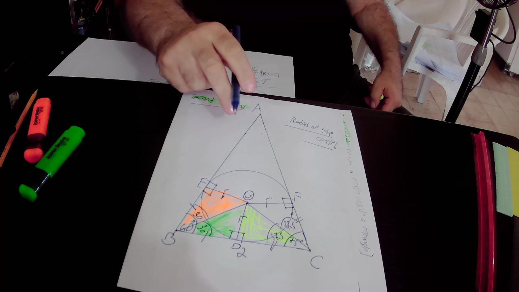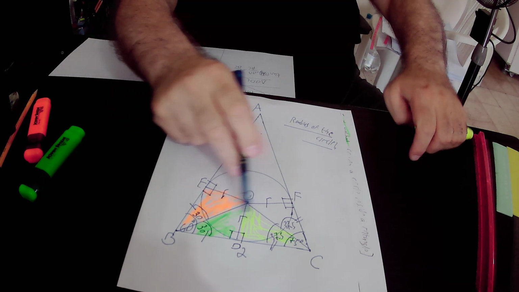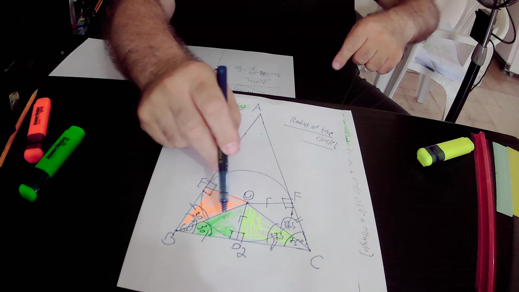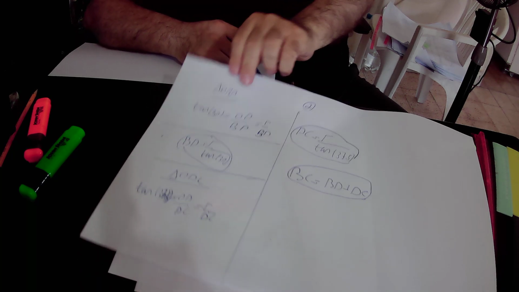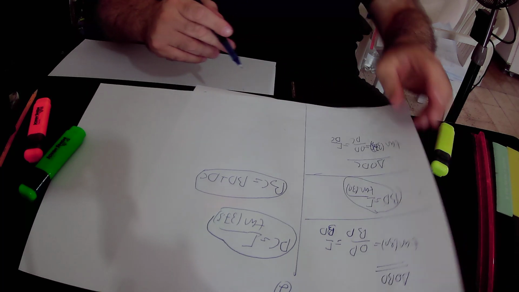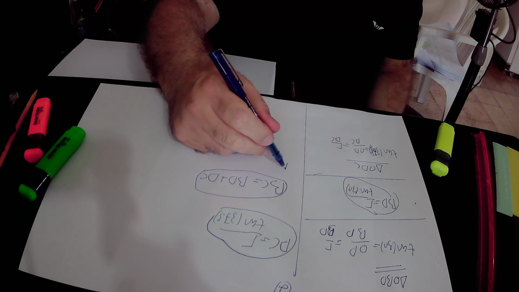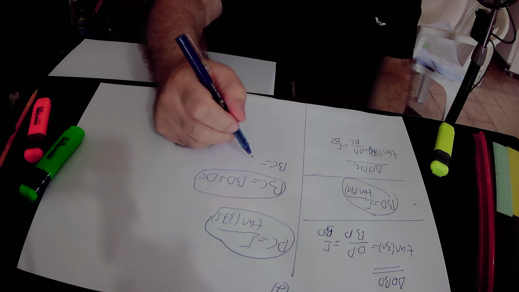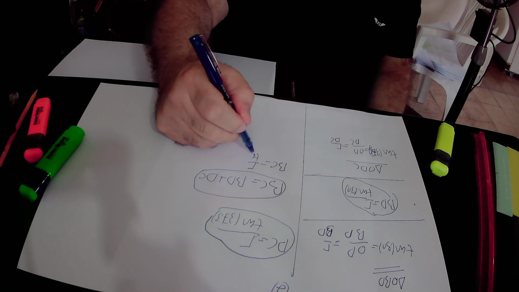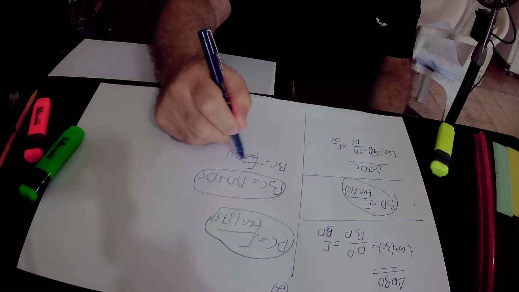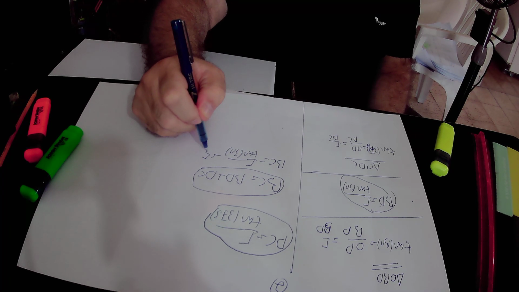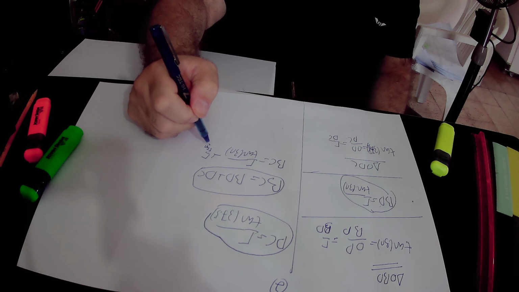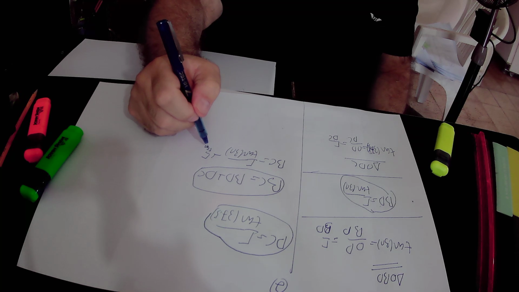From the drawing, it is very easy to see that BC equals BD plus DC. So here BC is equal to BD, and BD is R over tangent 30 degrees, plus DC. DC is equal to R over tangent 37.5 degrees.